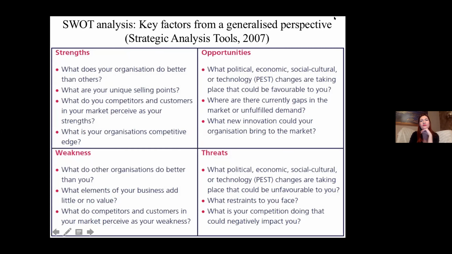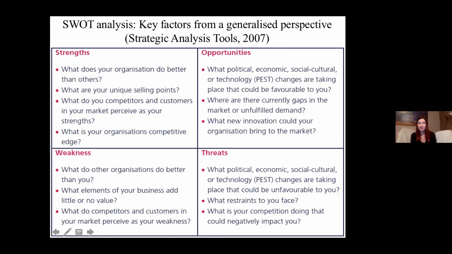What do you think? Is it strengths or weaknesses or opportunities or threats, or maybe everything is external or internal? Strengths and weaknesses are internal, opportunities and threats are external. Thank you very much. Yes.